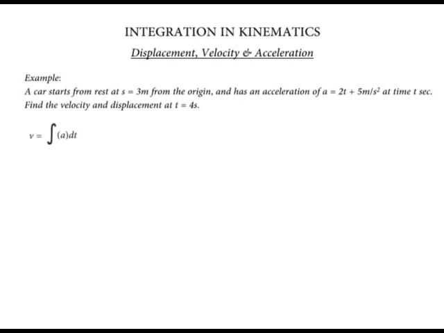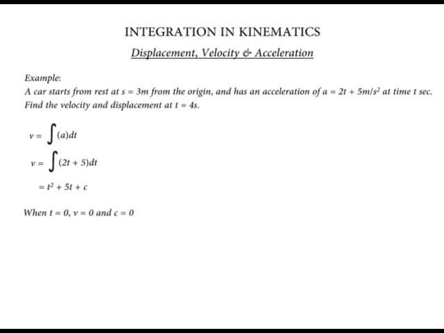v is equal to the integral of a with respect to time, and therefore v will be equal to the integral of 2t plus 5 with respect to t. That gives us t squared plus 5t plus c. Notice that this is an indefinite integration. When t is equal to 0, that is at rest, v is equal to 0, and if we substitute, we get c is equal to 0.